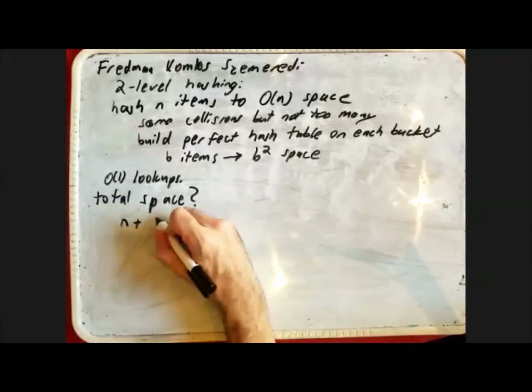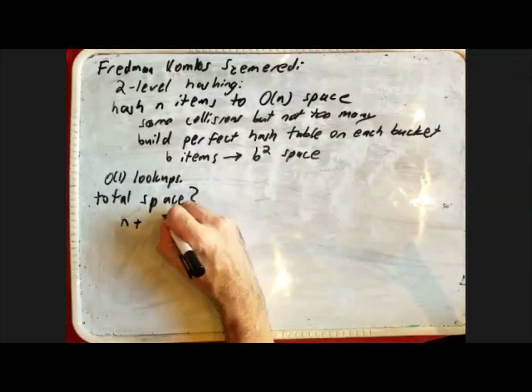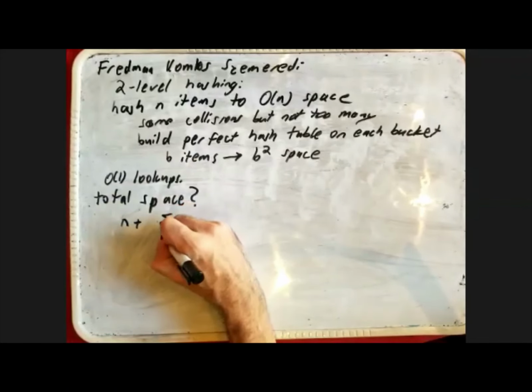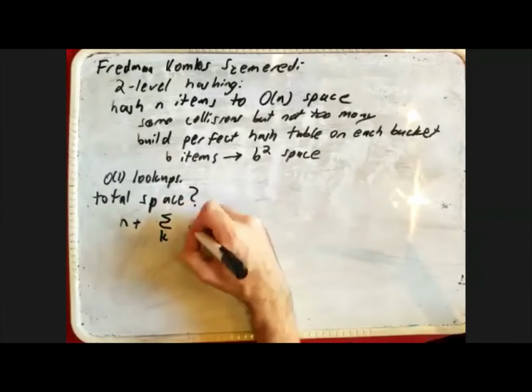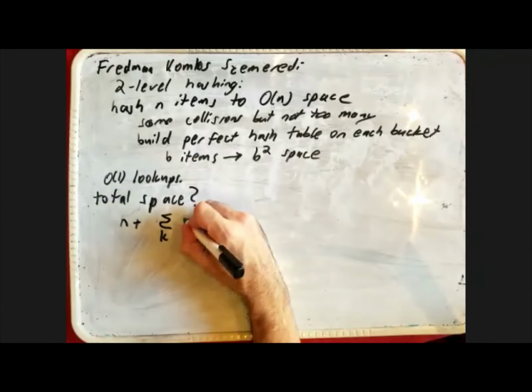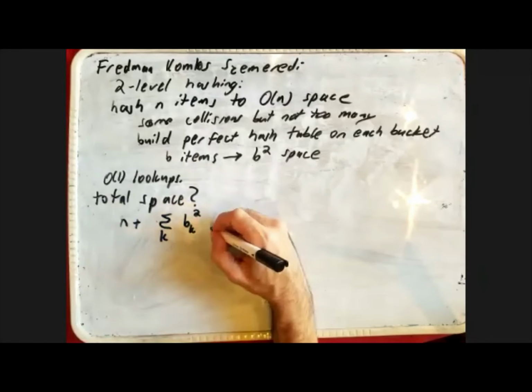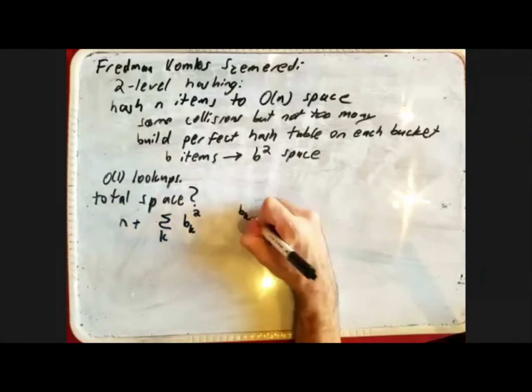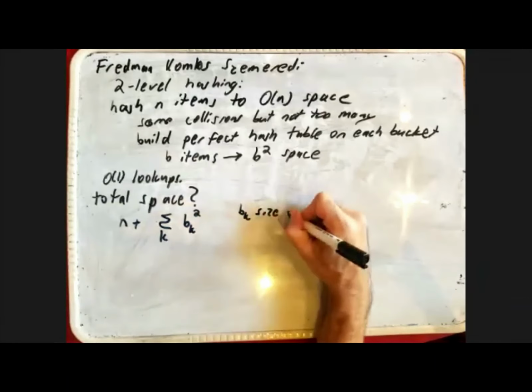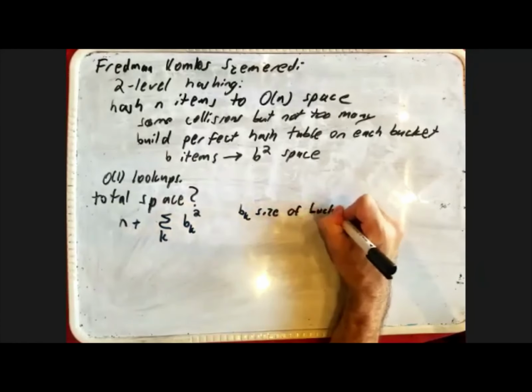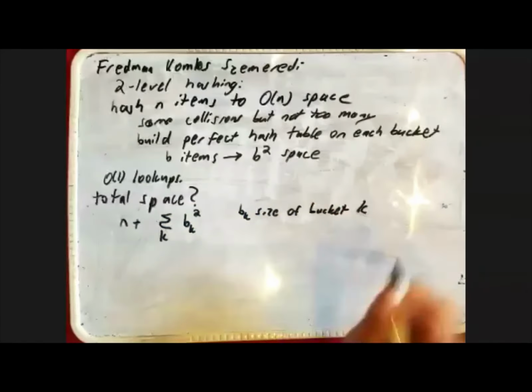Then we have to add up all of the buckets, which I'm going to denote by k, of the square of that bucket size. Clear?